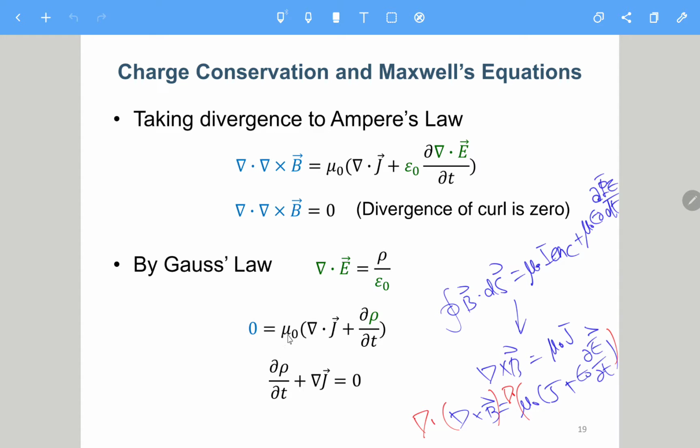And then on the right side, we have mu 0 times the divergence of J plus partial rho partial t. This is actually the conservation of charge, and for the conservation of charge, this is 0, which means that 0 equals 0. So it's okay. We cannot solve anything because they are compatible with each other.